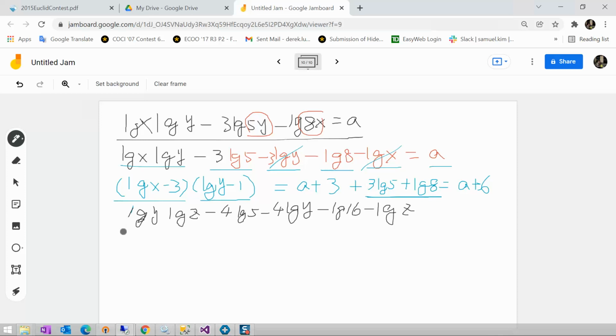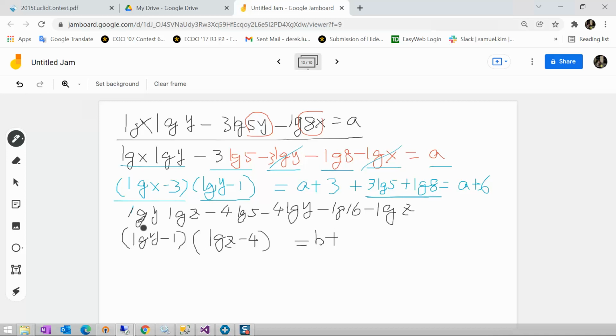This one we do factorization, log y must be minus 1. Is that minus 1? If not minus 1, we gotta think about another solution, right? Minus 1 should be okay. And then log z will be minus 4, right? Equal to b plus.